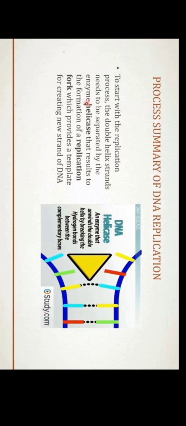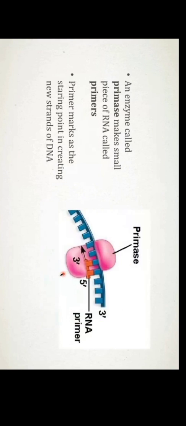Once helicase unzips the double helix structure of the DNA, it forms a replication fork, which provides a template for creating a new strand of DNA.